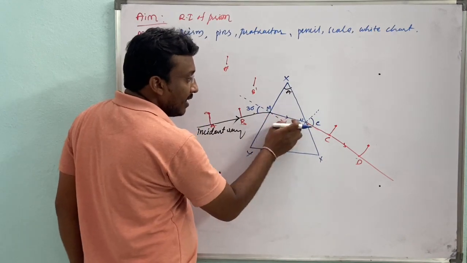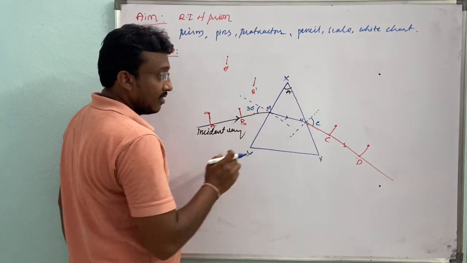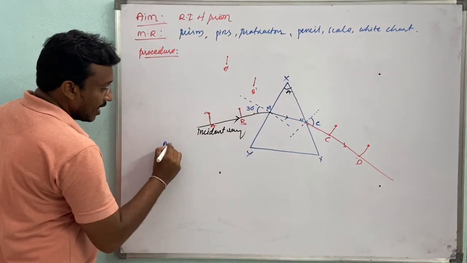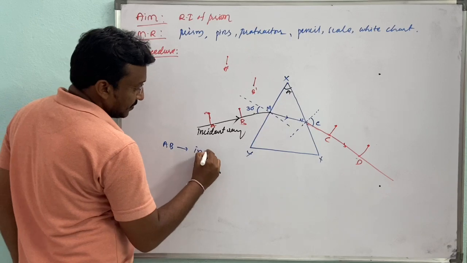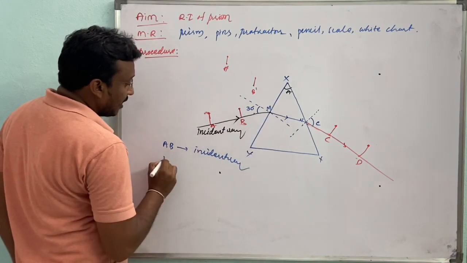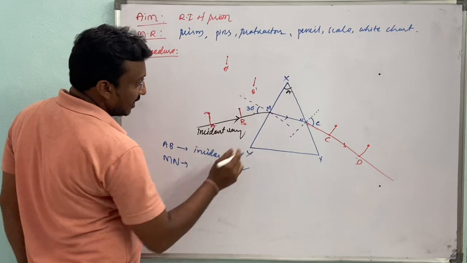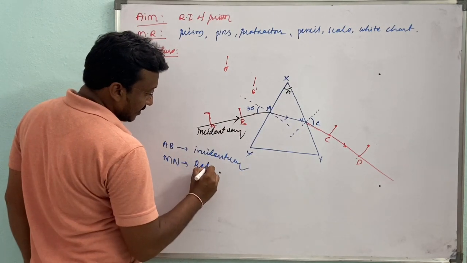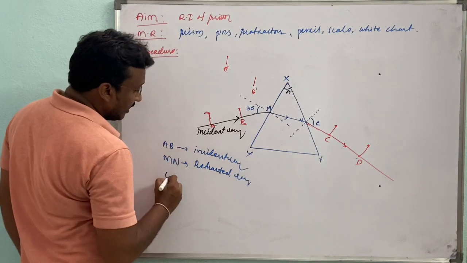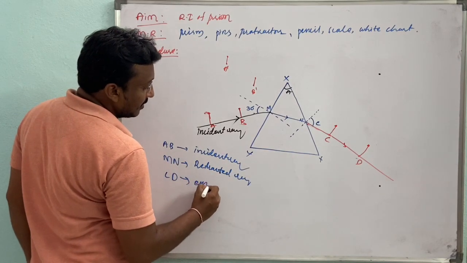Then here MN shows the path of the refracted ray. Here AB shows the incident ray, and MN shows what? Refracted ray. The CD shows the path of the emergent ray.